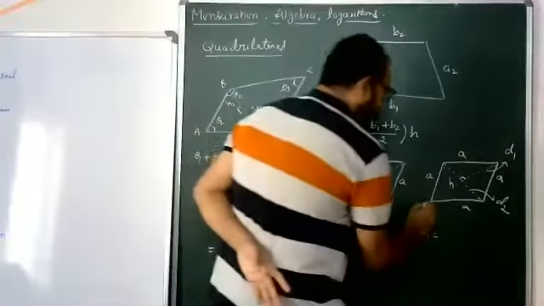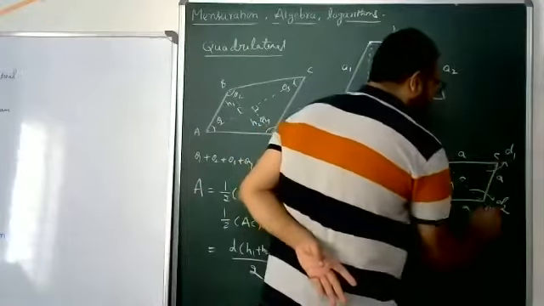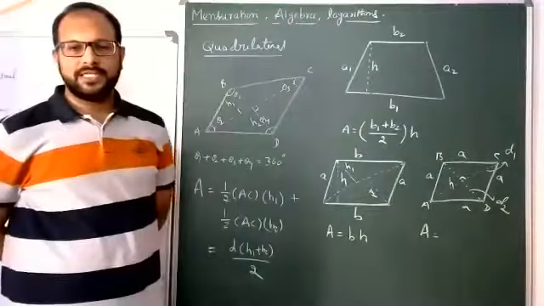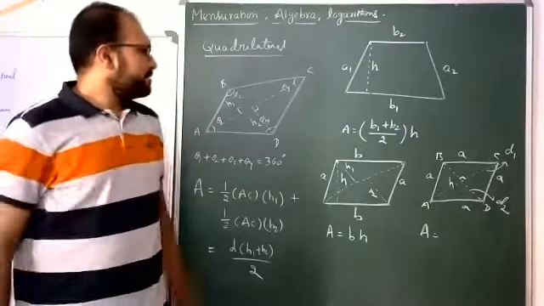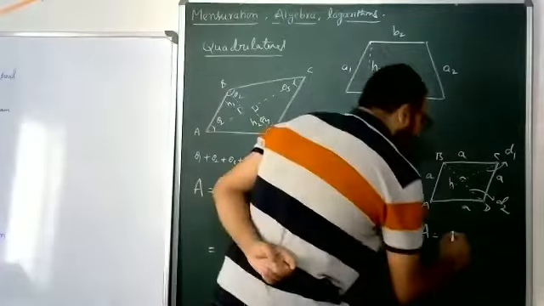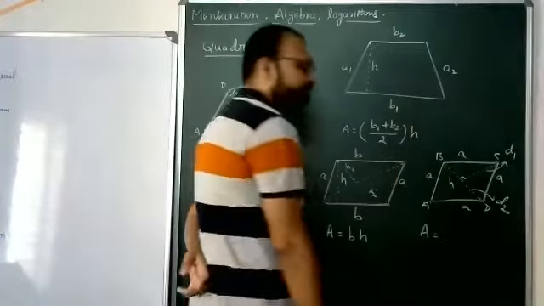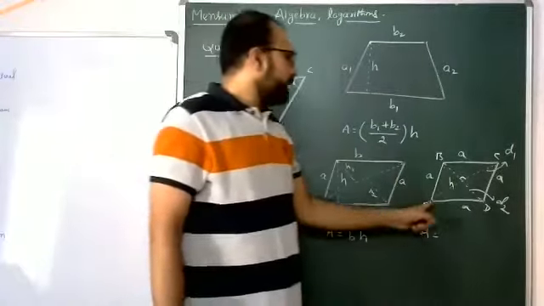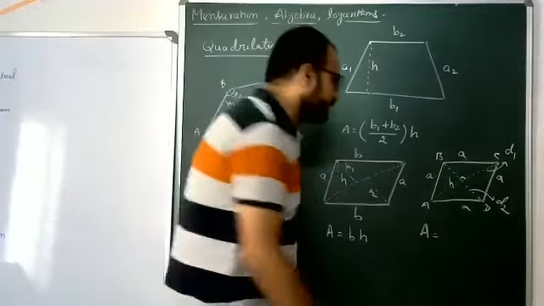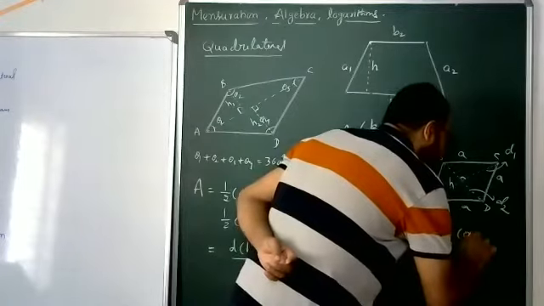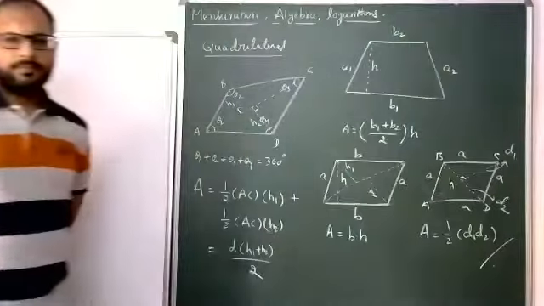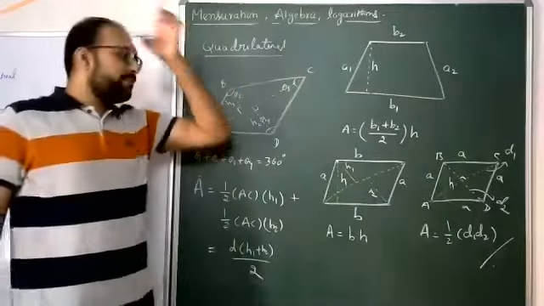So here A, B, C, D. AC distance is D1 and BD distance is D2. Using the same principle, area equal to half into D1 into H1 plus H2, but H1 plus H2 is D2. So you can write half into D1 D2. Students, that is the rhombus.